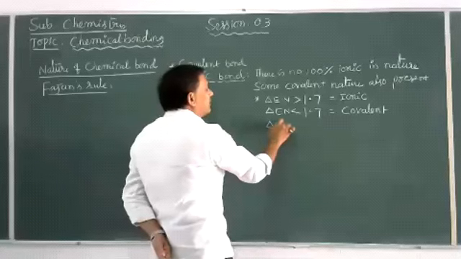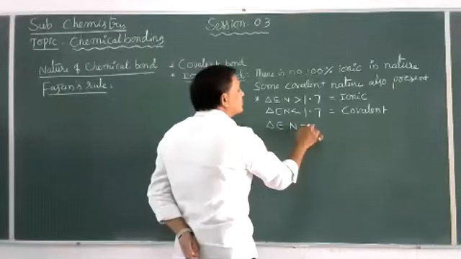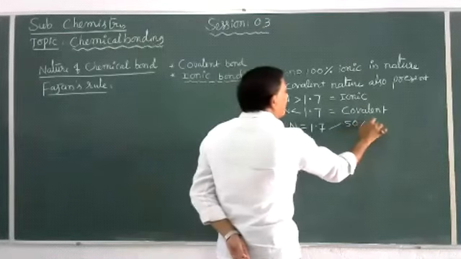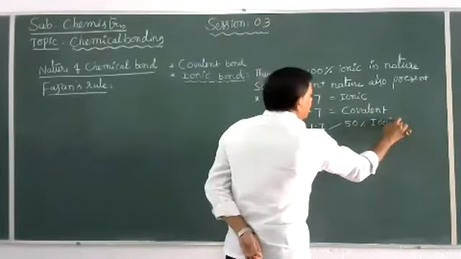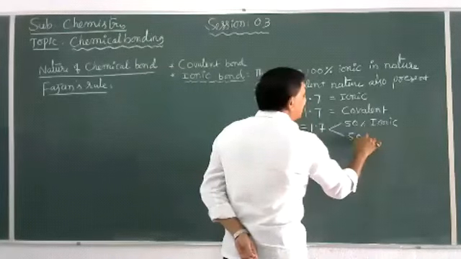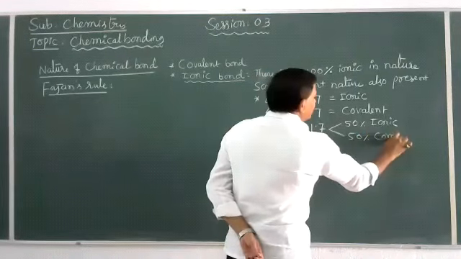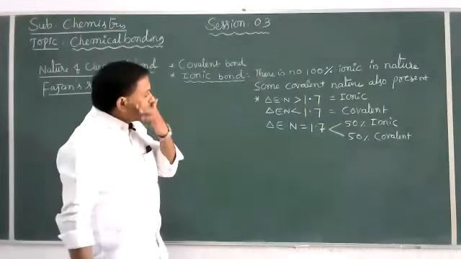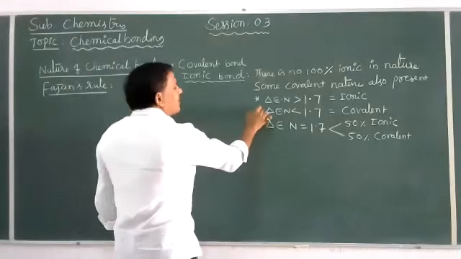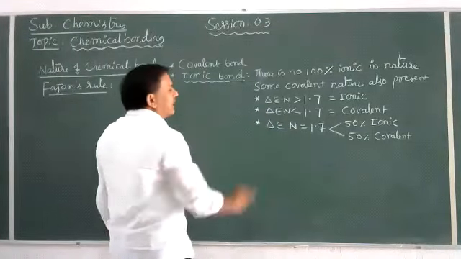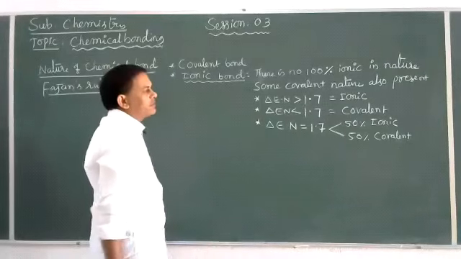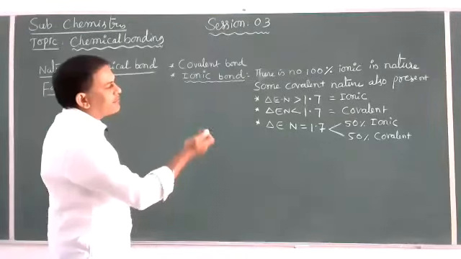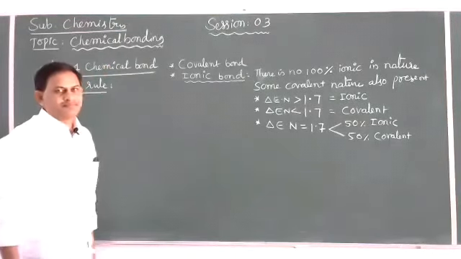If the electronegativity difference is equal to 1.7, it is 50% ionic and the remaining 50% covalent in nature. Based on the electronegativity difference between two atoms present in a compound, we can explain whether it is ionic, covalent, or 50% ionic and covalent in nature.